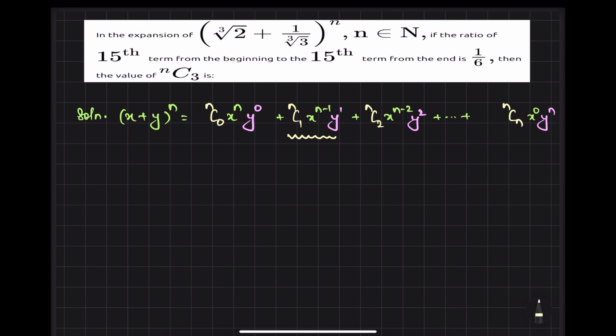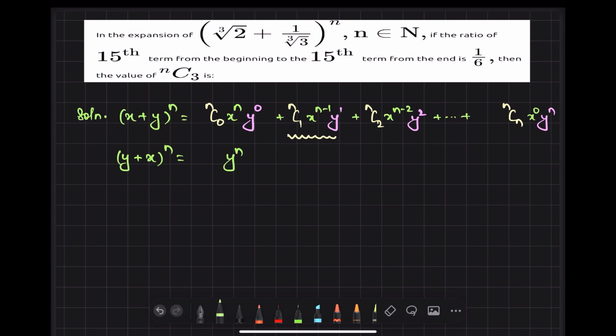And if I ask you to find the second term from the end, how will you respond? Look at this. I will interchange the variables. In place of x, I will write y, and in place of y, I will write x. Now who is the first variable? y. So y power n, then y power n minus 1, then y power n minus 2, and so on up to y power 0.